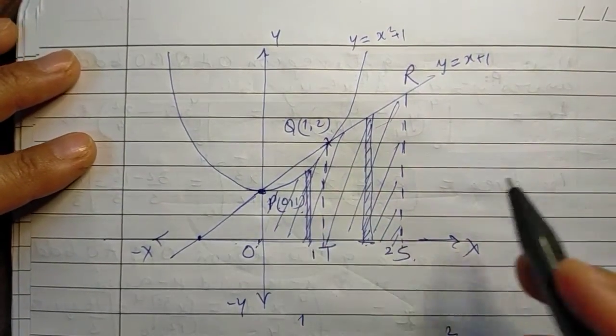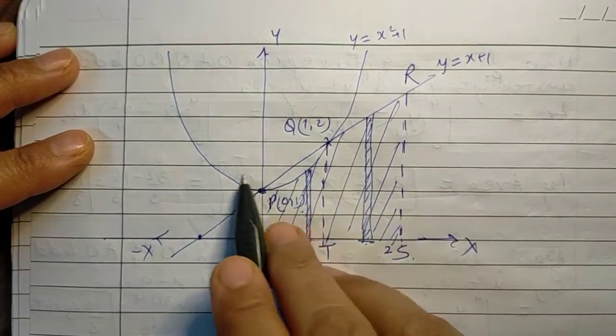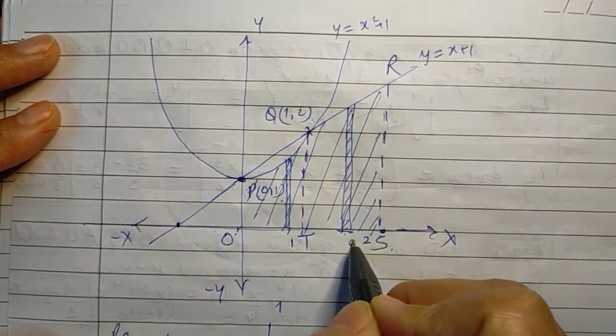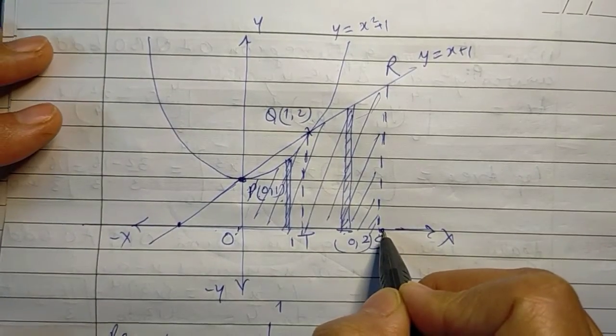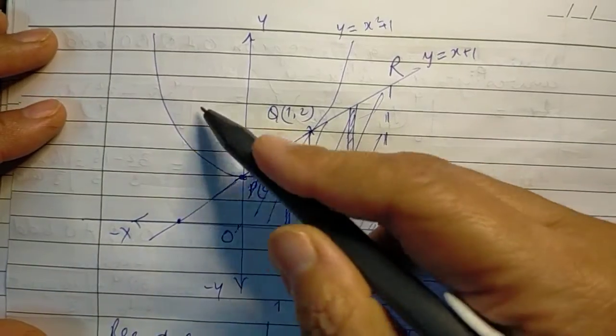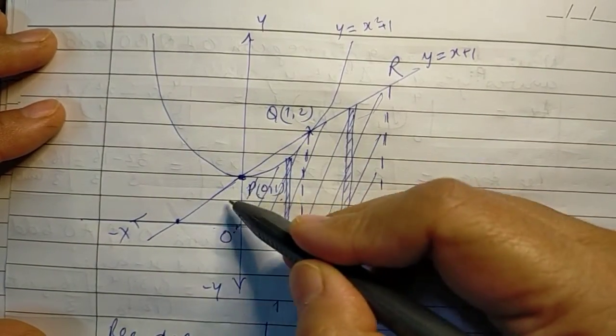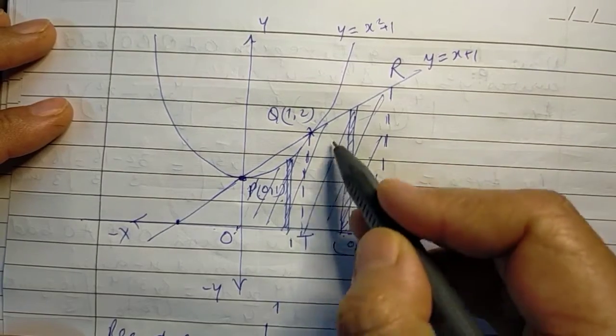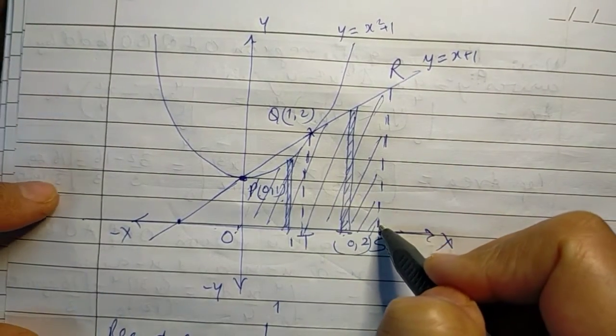Now when we draw, (0, 2) is this point. So the side containing (0, 2) is the required area, for the parabola as well as for the straight line. So the shaded area is the required portion.